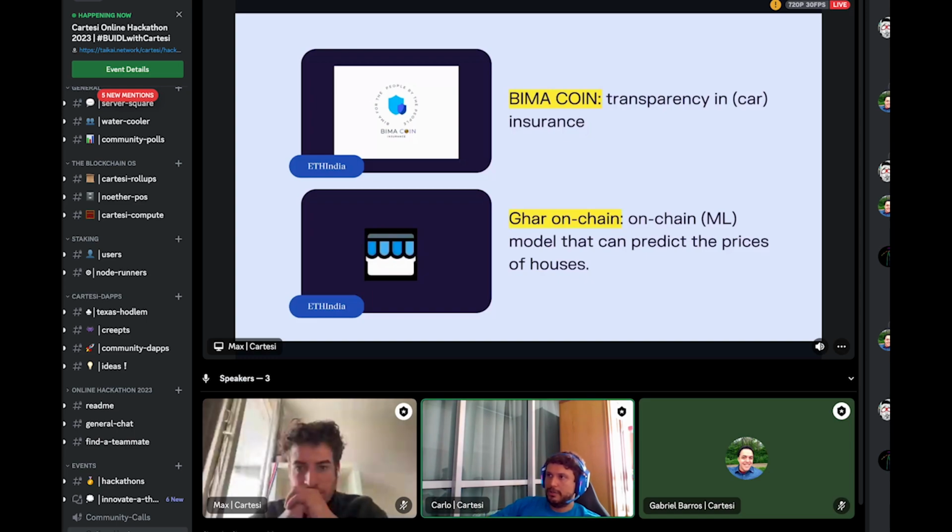They use machine learning in order to infer what would be an appropriate price for the houses on the system. Once again, with the Cartesi machine, they can make use of any machine learning techniques they want, and they can process all this real estate data to correctly come up with a price for each house on the system.